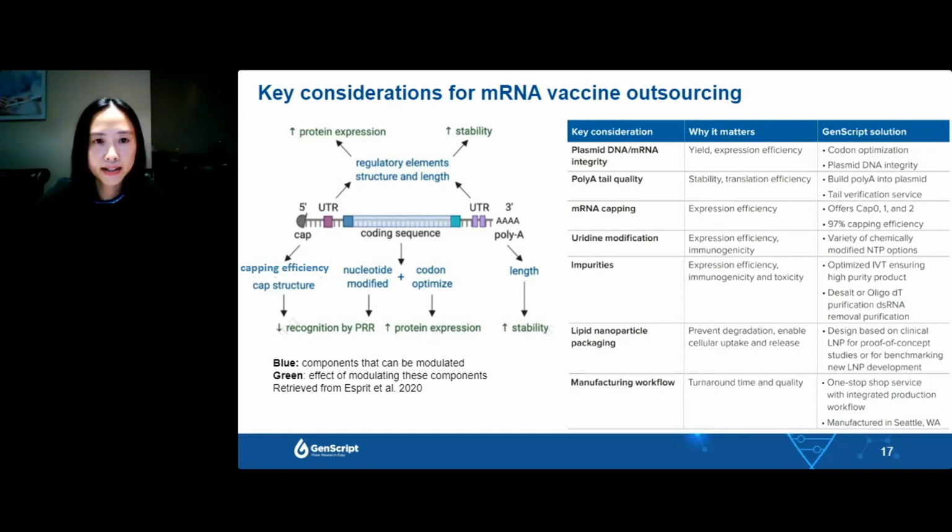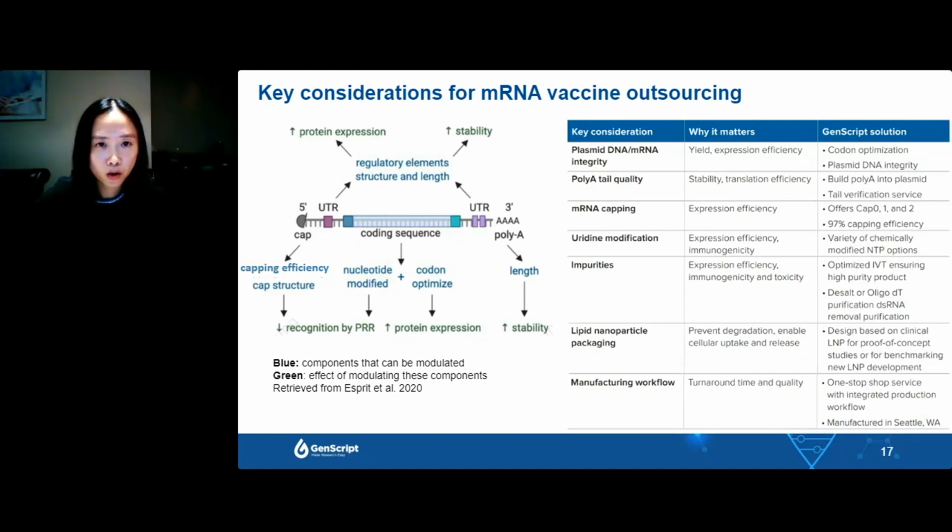But since COVID-19 happened, researchers quickly adapted the mRNA platform to develop the mRNA COVID-19 vaccine, and it validated good success. Then this gave us more confidence in developing mRNA vaccines for tumor treatment. So that's the importance of mRNA vaccines.